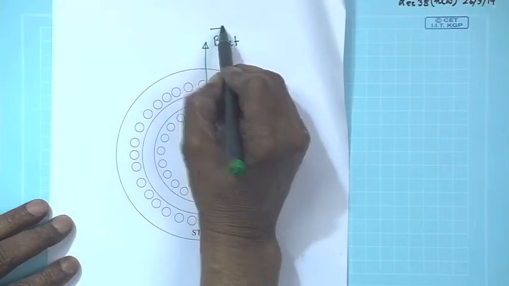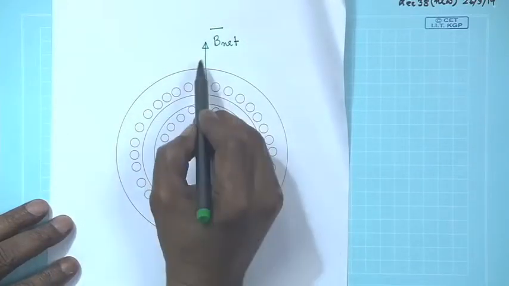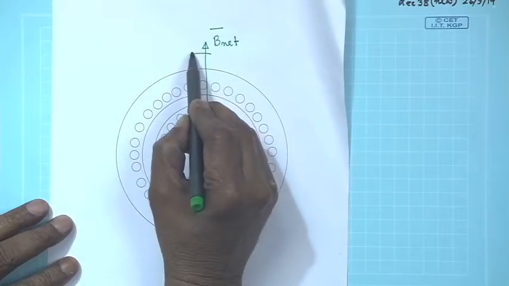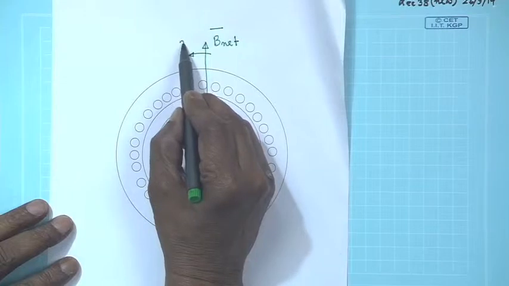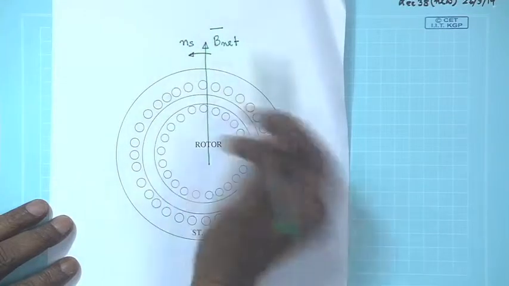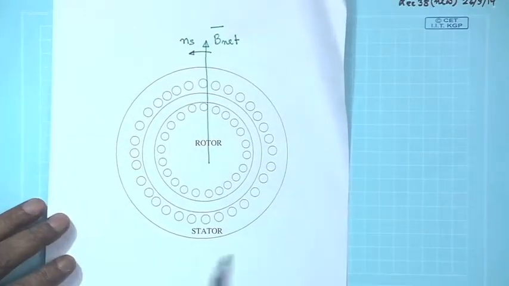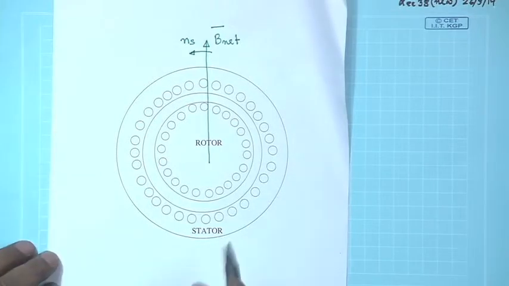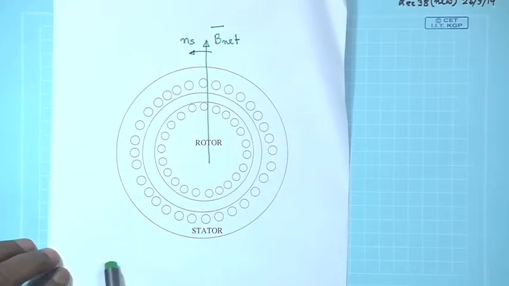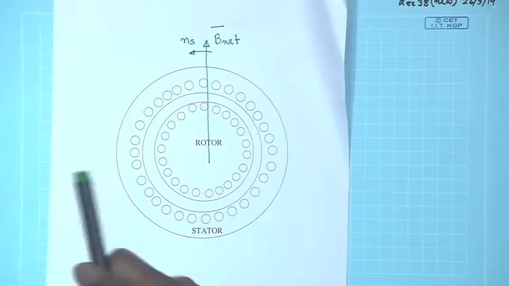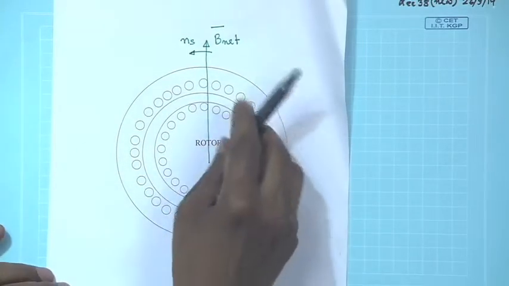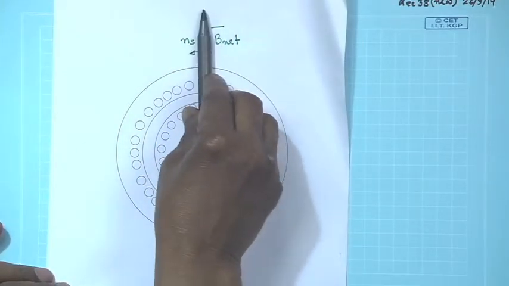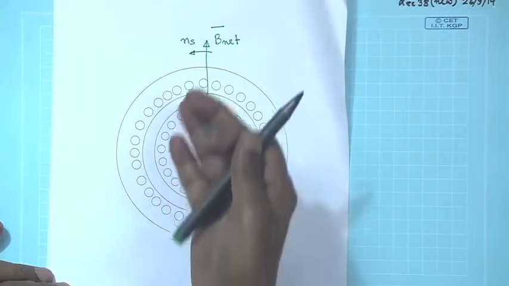I will draw this, and suppose this rotating field is moving in this direction with a speed n s or omega s in the anticlockwise direction. And as we know, with respect to a stationary observer, this B net will appear to move with a speed n s.